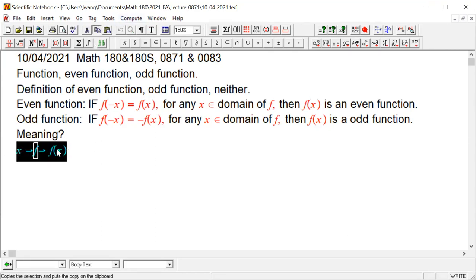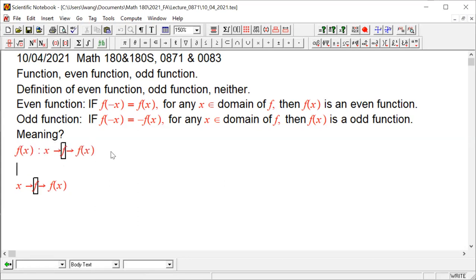Then what is f of negative x? So this is f of x. The first one is f of x, that's the operation. You view this as a machine, and we have an input, the rule applies to the input and produces exactly 1 output.